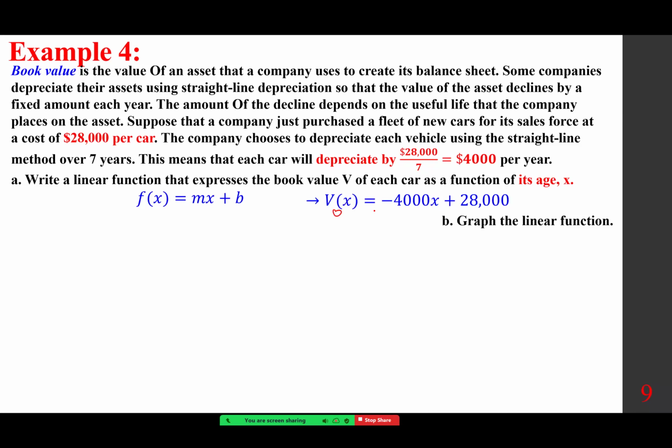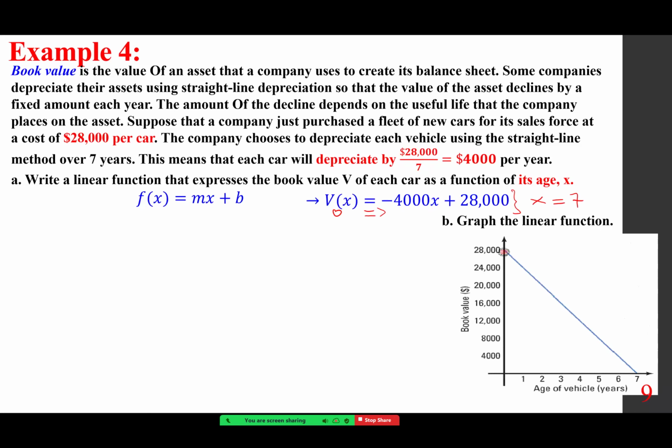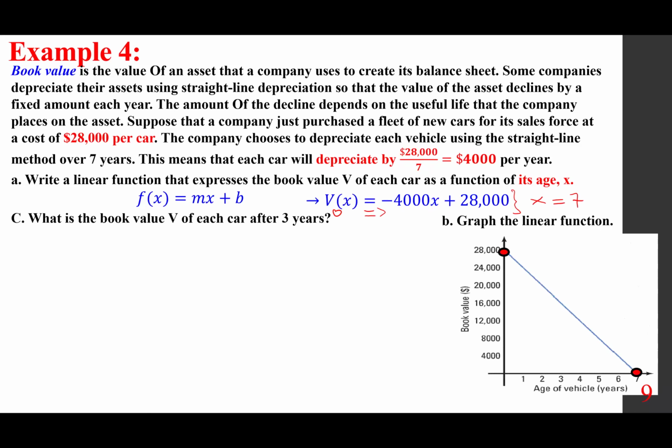If you set this equal to 0, then 4,000 x equals 28,000, x becomes 7. So over the course of 7 years, it loses its complete value. So we have the following two pairs and the graph. Okay.